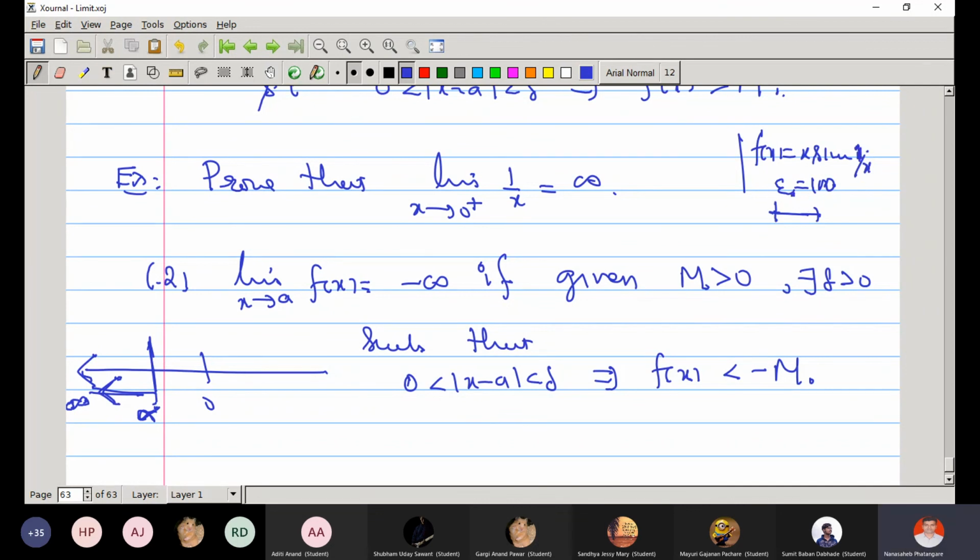So larger epsilon is not a problem. The problem is what happens near, that means smaller epsilon. We are interested in smaller epsilon. At the same time, when we say that limit is minus infinity, what happens for a smaller neighborhood of minus infinity? Smaller means we should choose a very large negative, so that it will be very close to minus infinity. That is the idea.